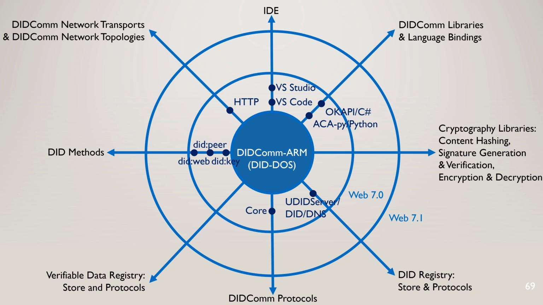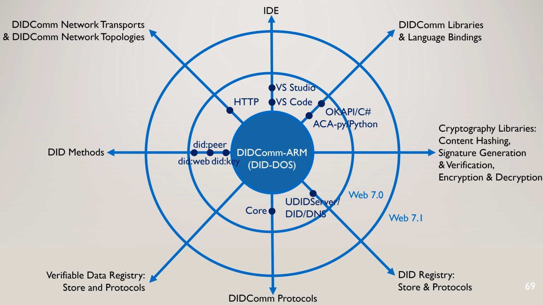There are different kinds of crypto libraries that could be used. The DID registry for 7.0 is going to be the universal DID server, and it's going to run the DID over DNS protocol. There will be a custom DIDComm protocol that will run on top of that, which will give you more of a DID resolution type experience using the 4 primitives.